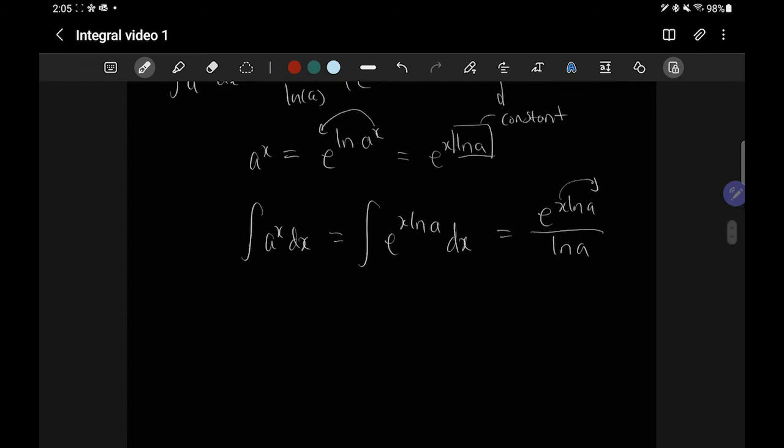Now we can move x back up so that we have e to the natural log of a to the x over natural log of a, which equals a to the x over natural log of a.